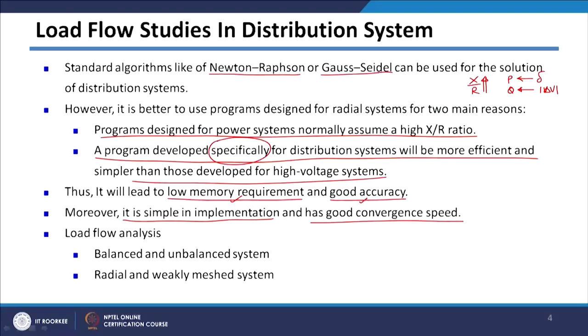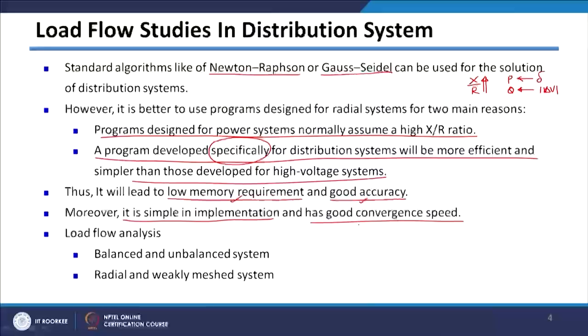As I told you, when you use Newton-Raphson or Gauss-Seidel methods for a distribution system, their convergence is slow. So we can develop other methods whose implementation will be simple and which will converge fast. Load flow studies will be required for studying balanced as well as unbalanced systems.